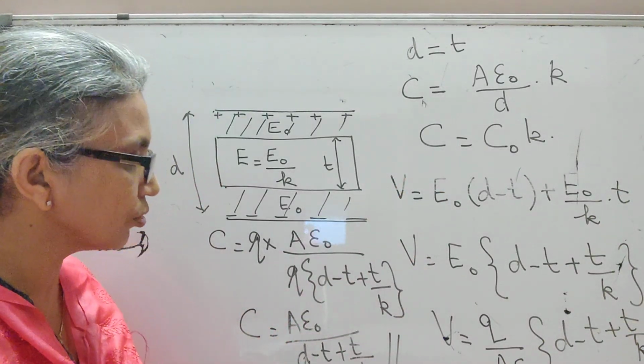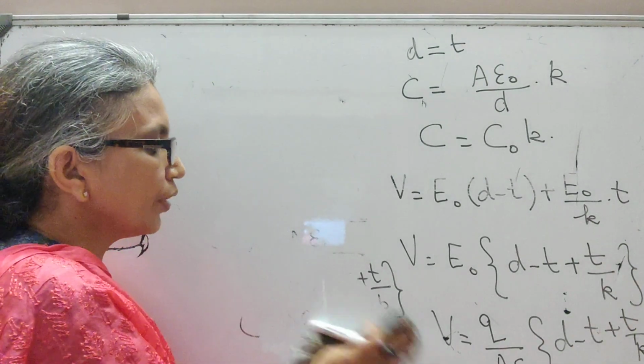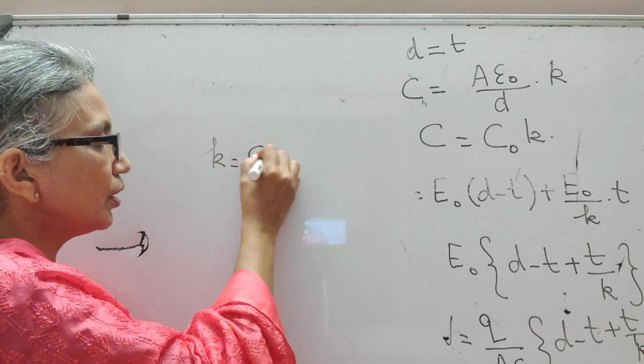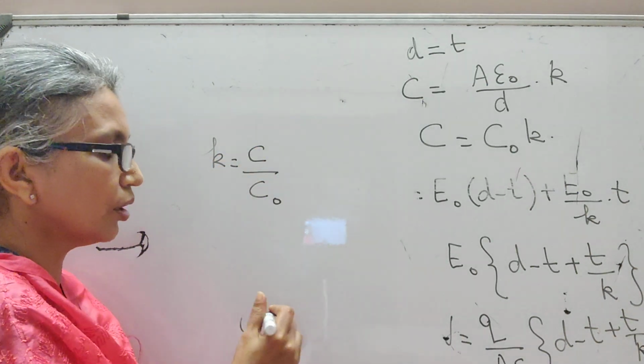From this equation, you will also need to know how to define dielectric constant K. K from this equation you see is C by C0.